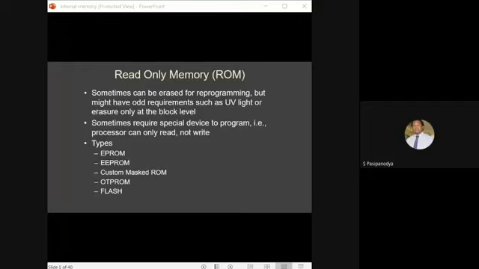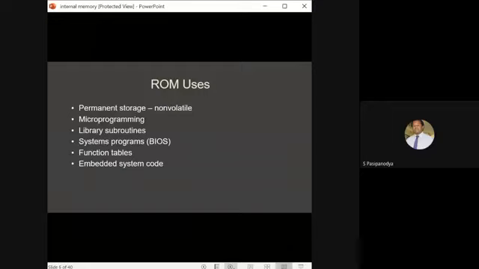And we're saying, when we're looking at our ROM uses, again, the biggest advantage of ROM is that it defeats the volatility issues of the RAM. It becomes non-volatile.